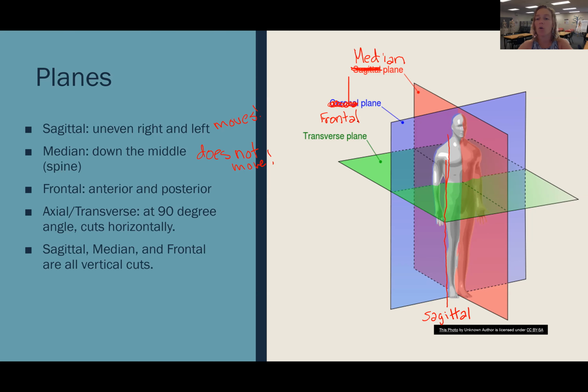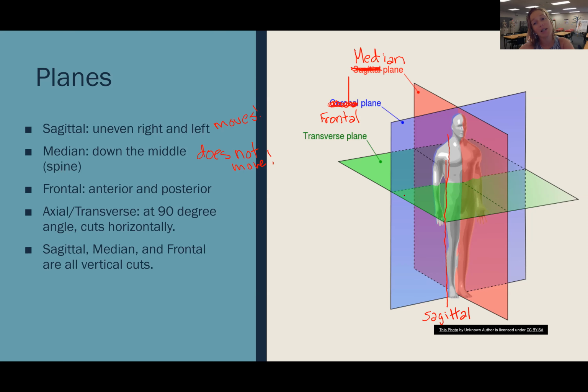So what do you notice about this frontal plane? How would you describe where it is in the body? What two terms does it help to separate? Anterior and posterior, good. So it's separating, we look at the slide, we see it here too, but it's separating anterior and posterior sides of the body, so front and back.